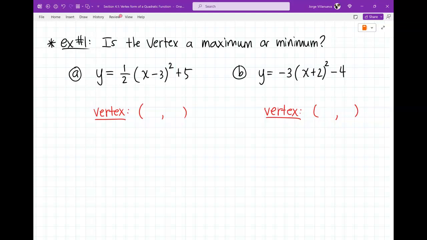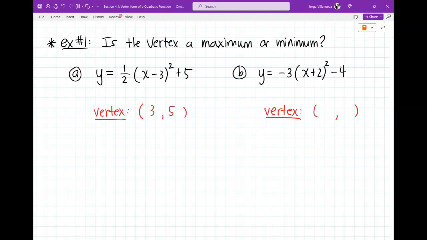So for part A, can anybody tell me what the vertex is? Negative 3, 5 or 3, 5? 3, 5. Remember, h lies, right? So 3, 5. Don't forget, even with this formula, h still lies to you. Okay? So, all right, the vertex is 3, 5. Great. Now, is this a maximum vertex or a minimum vertex?